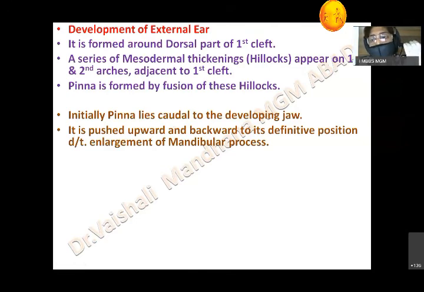Yes, and that will give us the low set ears, isn't it? So in the first arch syndrome, you get low set ears. Why? Because the mandible is very small, mandible is not growing, and because of that, the ears are not shifted to their normal adult position and they remain lower only. So low set ears is a common feature in the first arch syndrome.